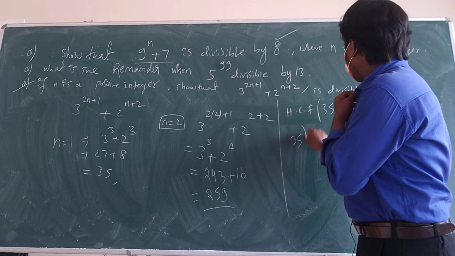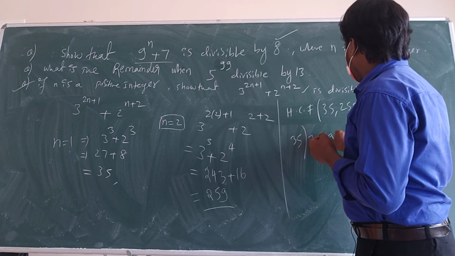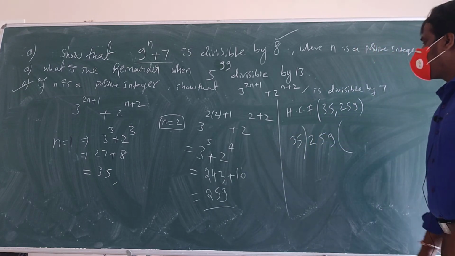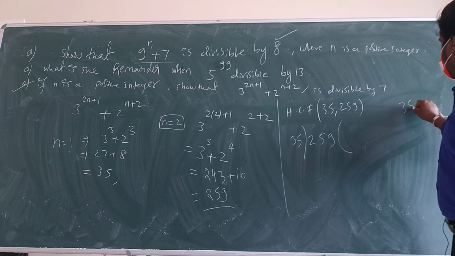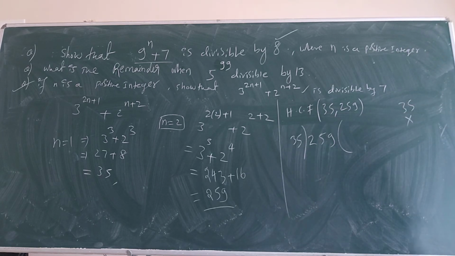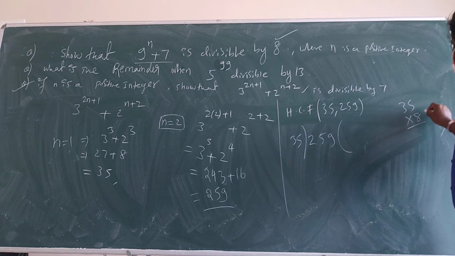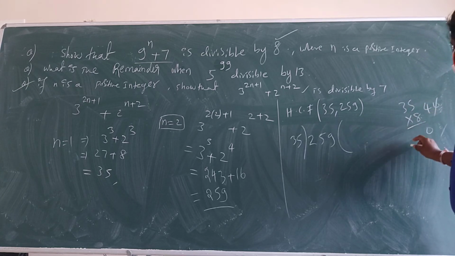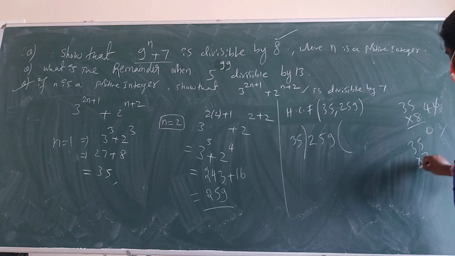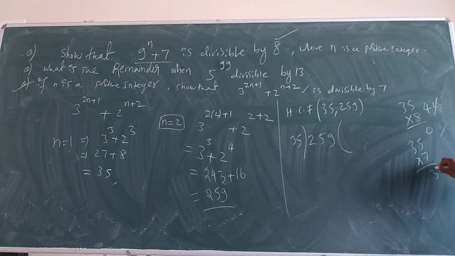So 259 divided by 35, what am I going to get? 7 5s are 35, 245.